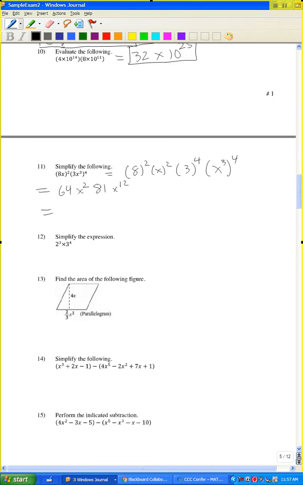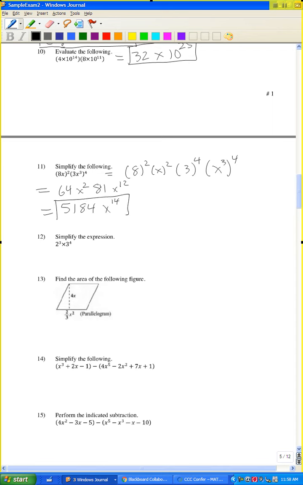64 times 81 is 5184. X squared times x to the 12th, well, that's 2 plus 12 is 14.